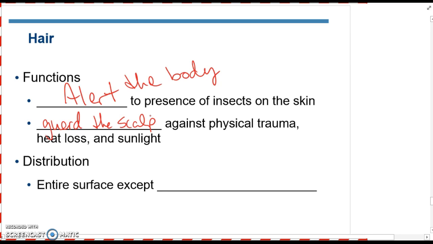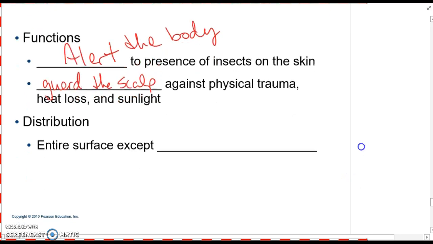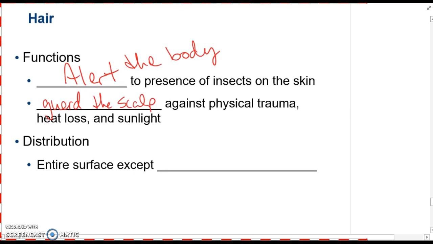That's a protective layer. And distribution: where is hair found? It's generally found over the entire body surface except for your palms, the soles of your feet, and you've noticed your lips do not have any hair.